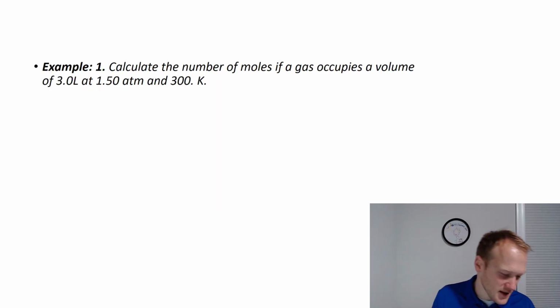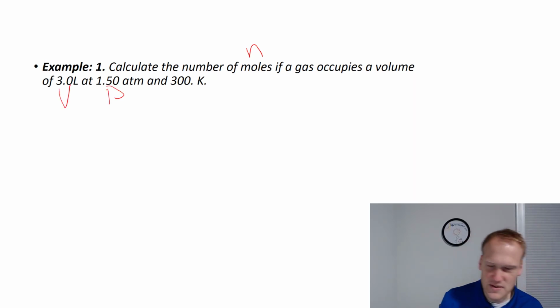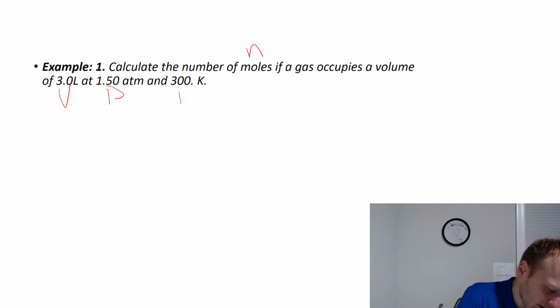Let's do an equation. It says calculate the number of moles, so right away we know we're looking for n. If a gas occupies a volume of 3 liters, which is in liters so we're good, a pressure of 1.5 atmospheres, which is in atmospheres so we're good, and a temperature of 300 Kelvin. So we're looking for PV = nRT.